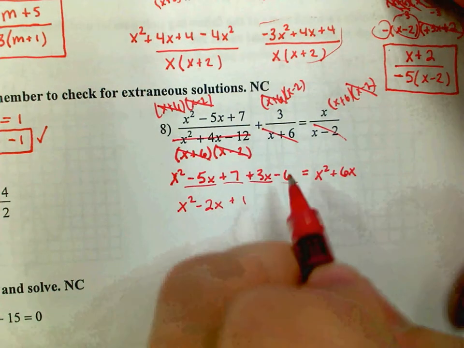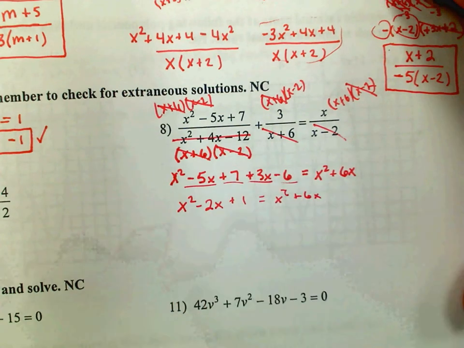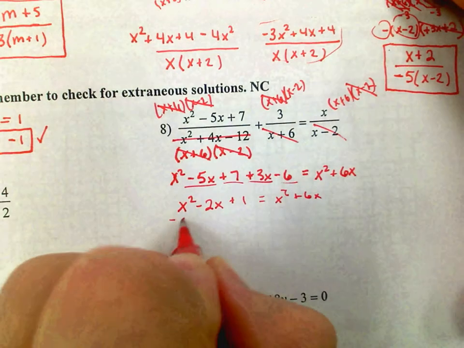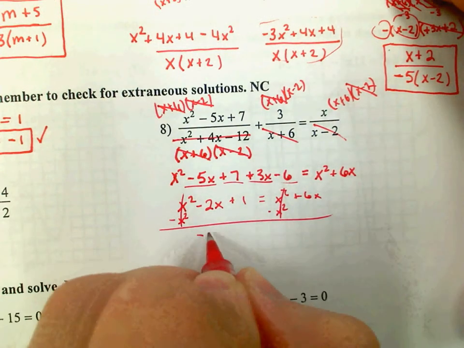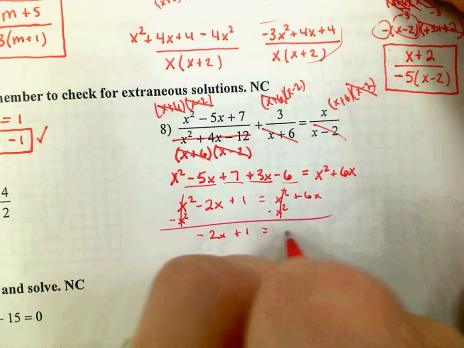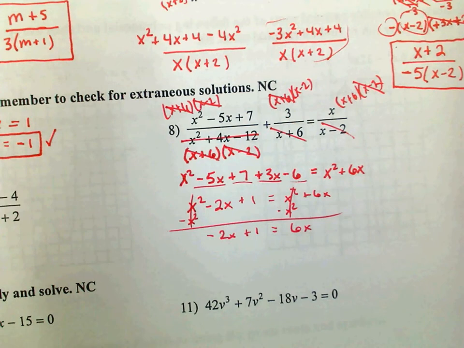Okay, I also see that if I subtract x squared, they'll go away. So I am left with negative 2x plus 1 equals 6x. And again, that is a much simpler problem than what I started out with. So I can solve that pretty easily.